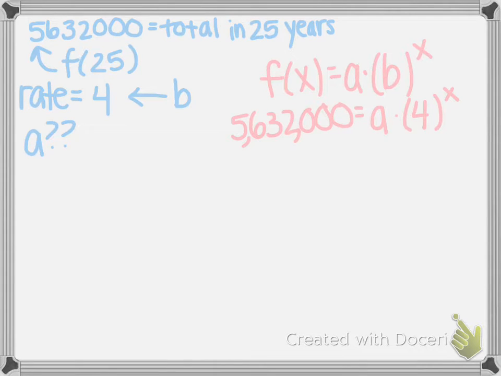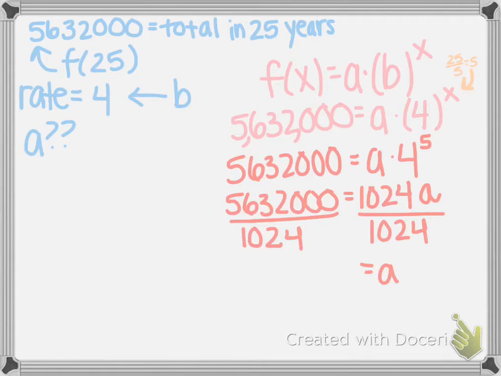So the rabbit population quadruples every 5 years. So to figure out our x, we have to take the 25 years we're looking at and divide that by 5 for the amount of years that it quadruples every time. So that equals 5.